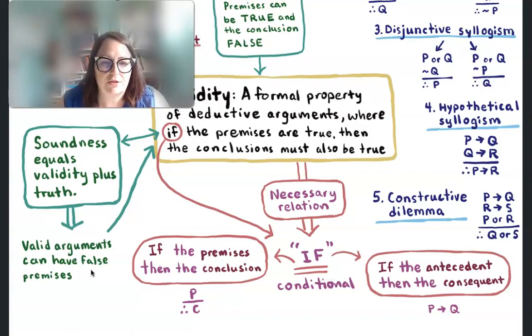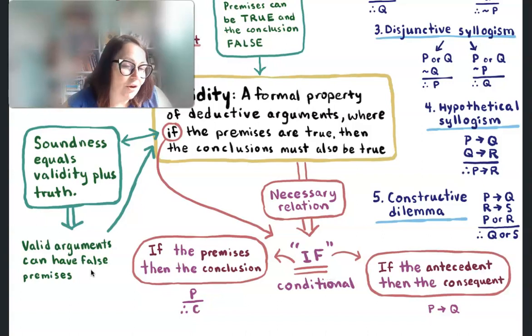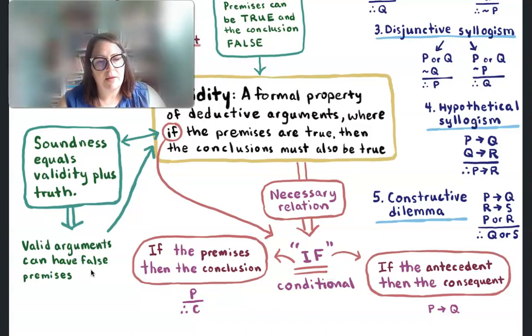So then we have to start talking about another concept, which is soundness. And like validity, it does get used casually, like, that's a sound argument. But we mean something really specific by it, which is validity, the formal property, and also the premises are true. So you could have a valid argument, but it turns out the premises are false, right?